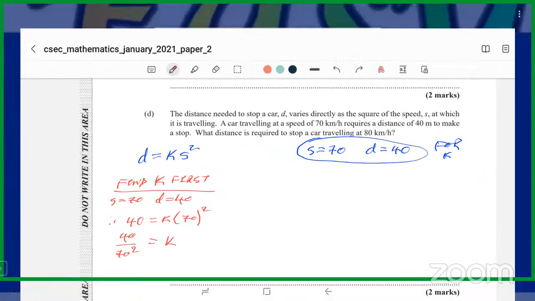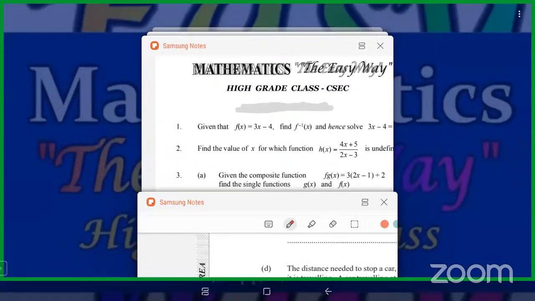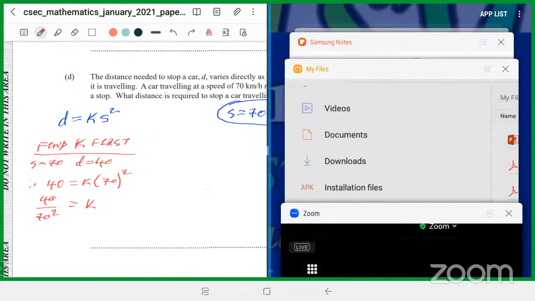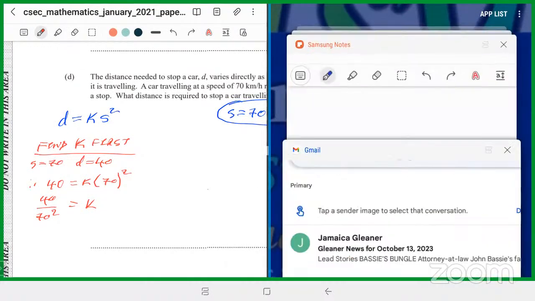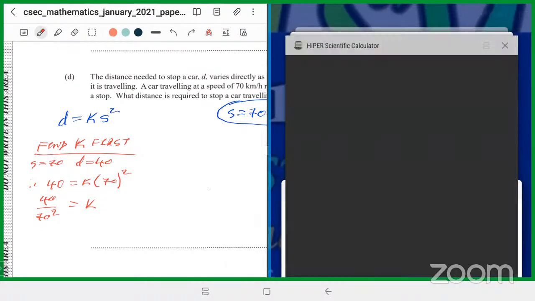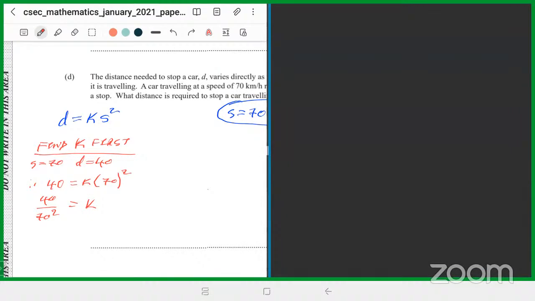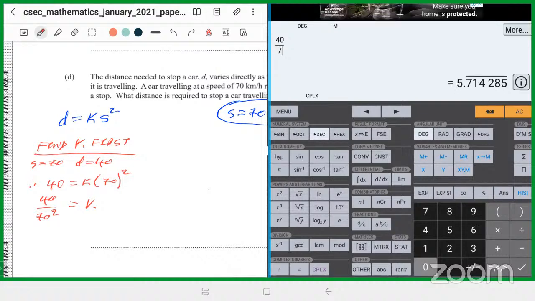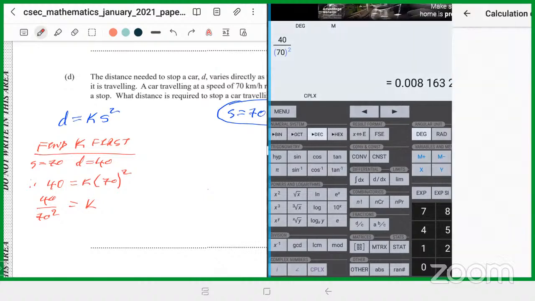Let me bring up my calculator and see. That's why you need to get one of those textbook display calculators. All right, let's see what my calculator simplifies it to. I'm going to write it as 40 over 70 squared, and let's see what it is as a fraction.